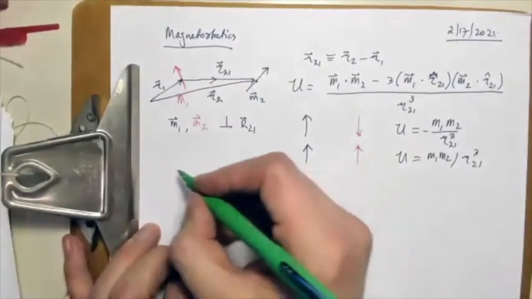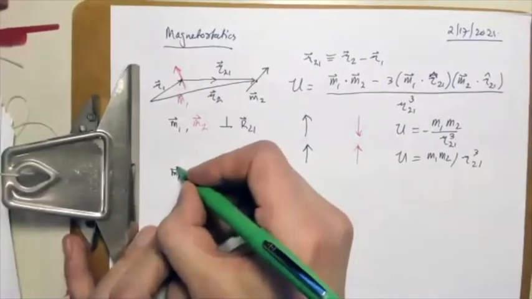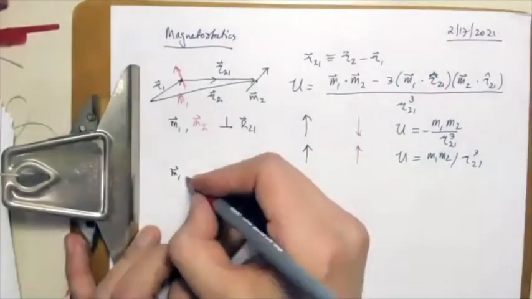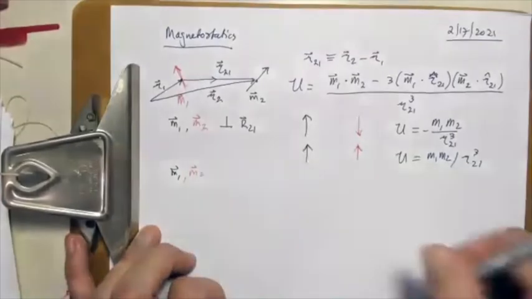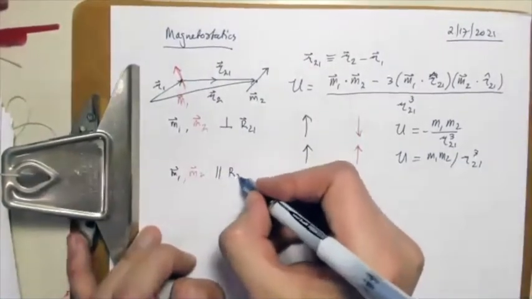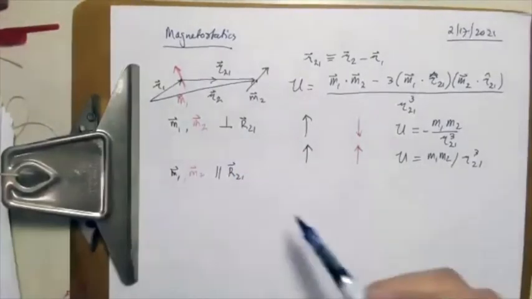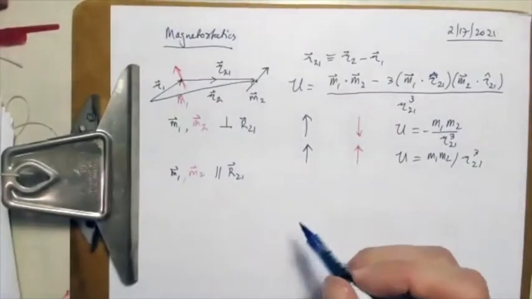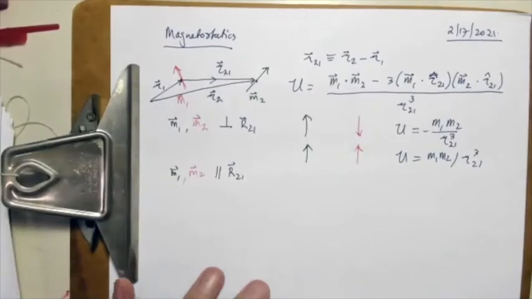And now the other extreme case would be if your M1 and your M2 are actually along the direction of R21. Oh, now I'm using uppercase. Okay, so what does that mean?